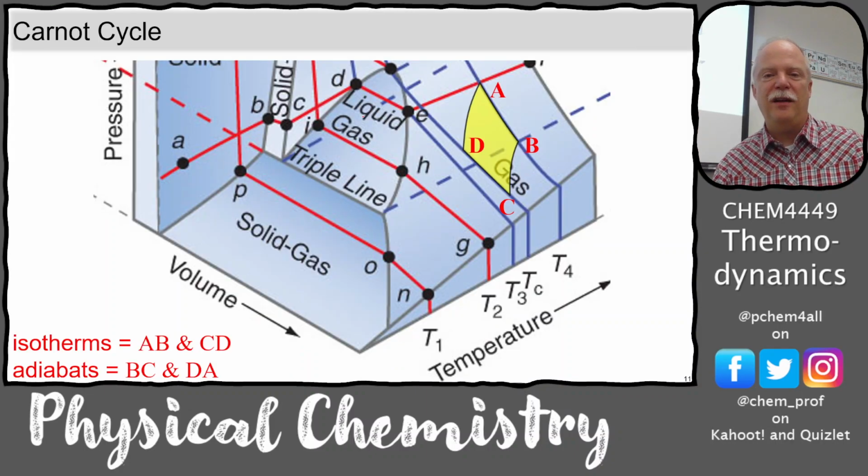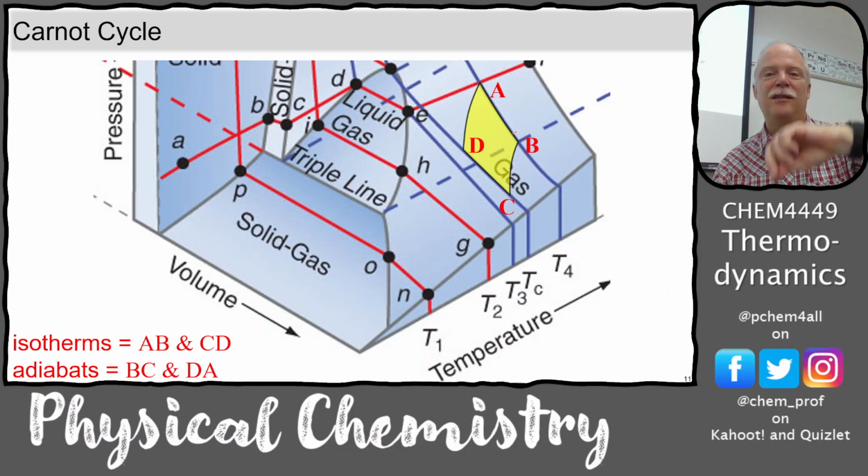Here, if we zoom in to the gas region, we've got the Carnot cycle. On that diagram, we've got isotherms and adiabats over here. So that connects everything. These are isotherms. Those are straight lines on the temperature axis, and notice the temperature axis isn't the steepest descent. So if you put a ball on that slope, it's going to go down an adiabat, not down a temperature line.